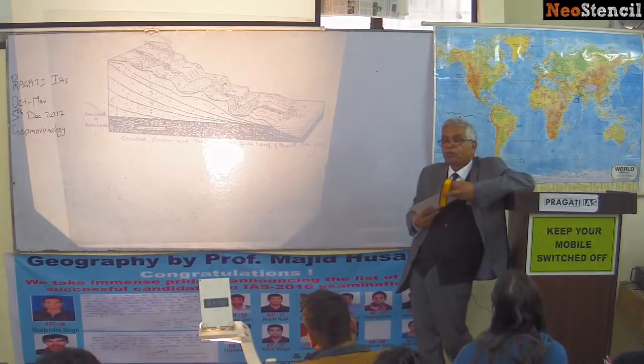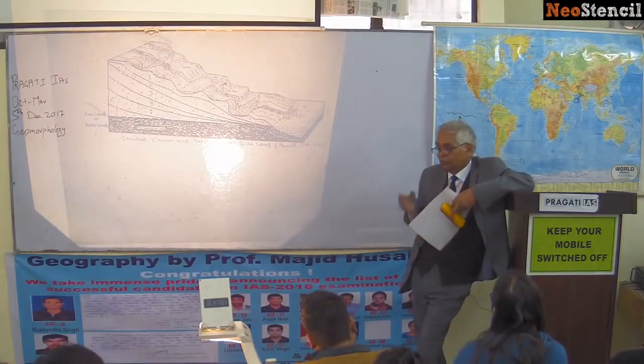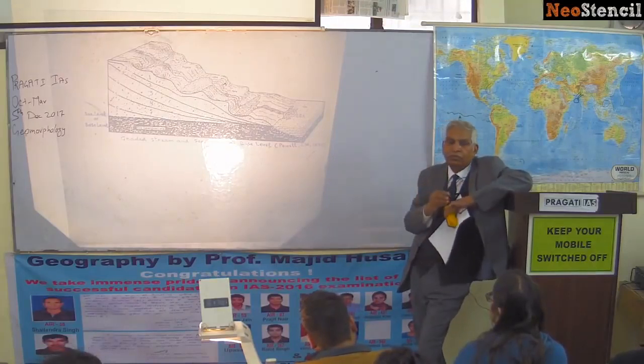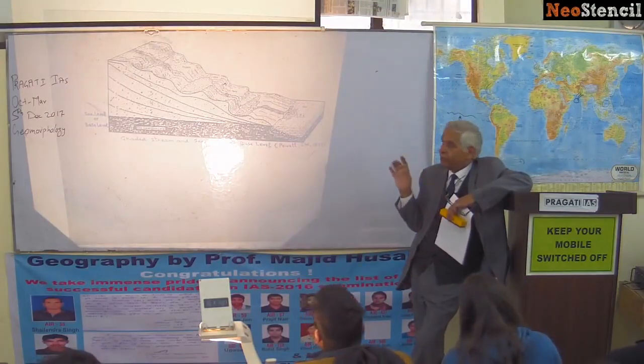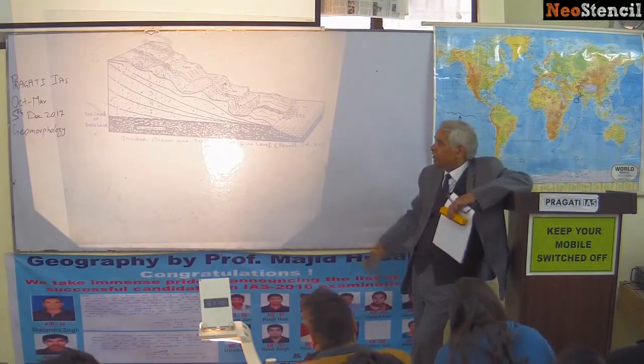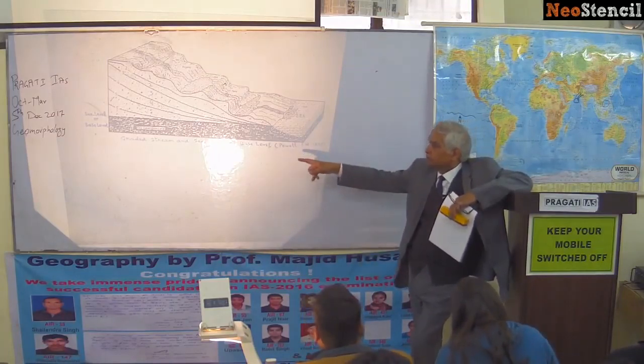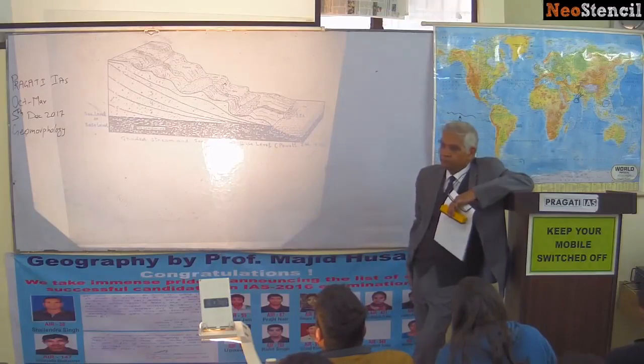If there is a short note on graded stream, it should not be difficult for you, because on river channels or topography of a river stream, they are asking a question. This diagram explains Powell's concept of graded stream.